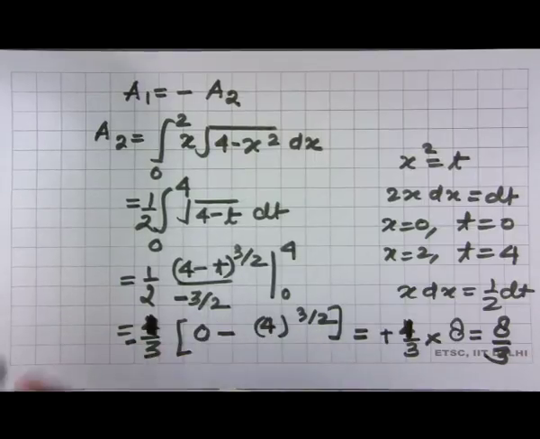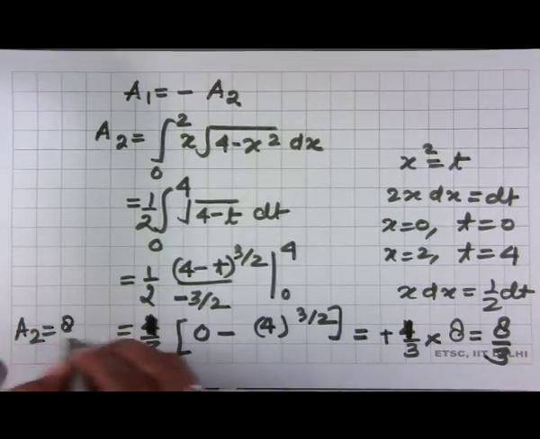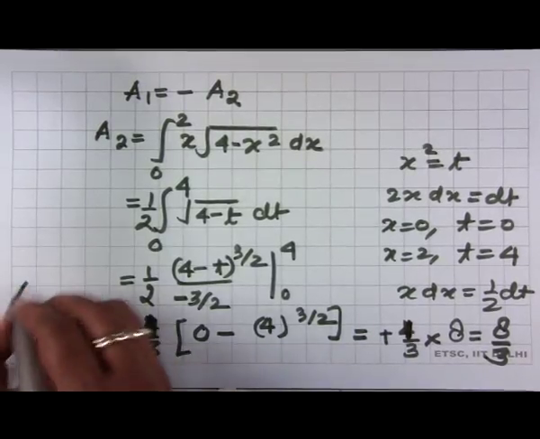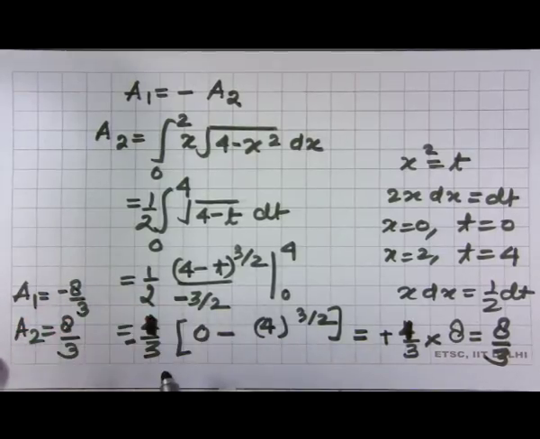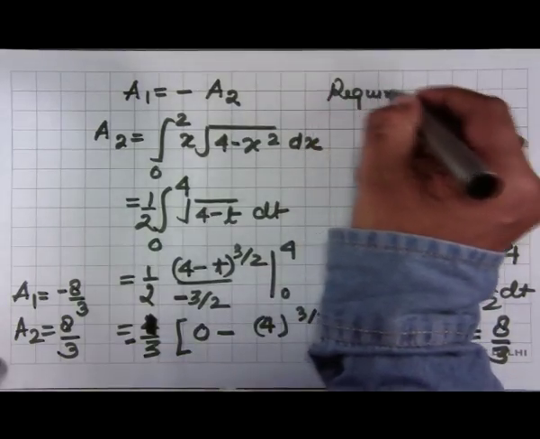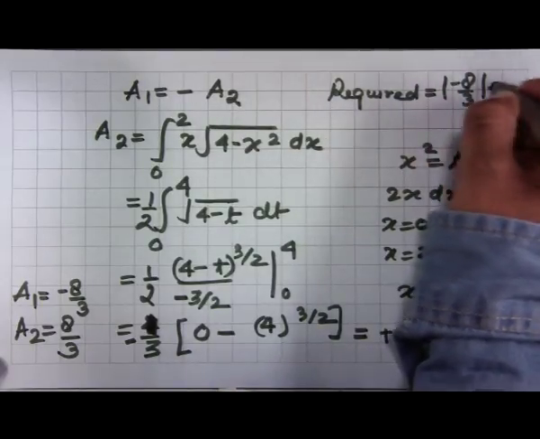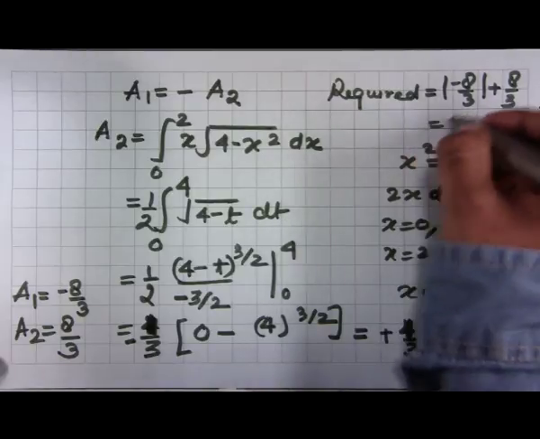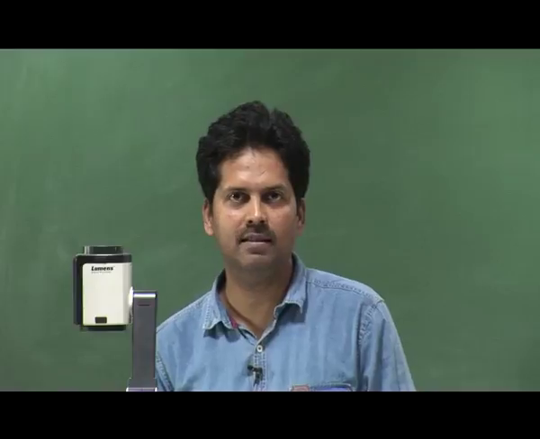So A2 is 8 by 3. A1 will be minus 8 by 3 because the function is odd. So total area required is 16 by 3. Let us take another example.